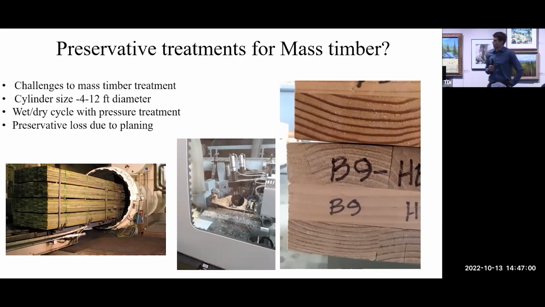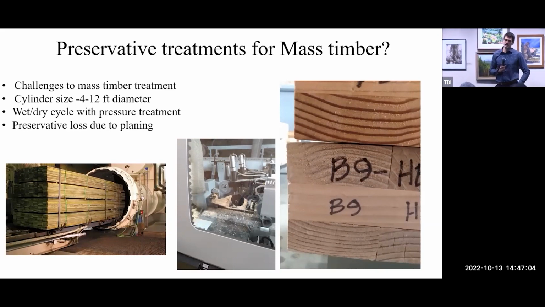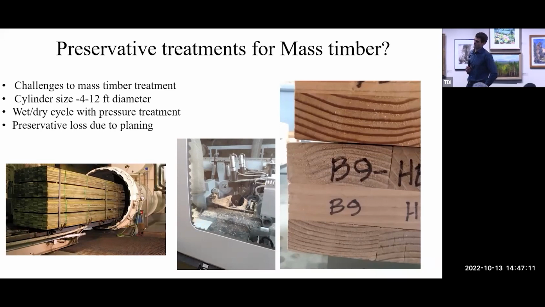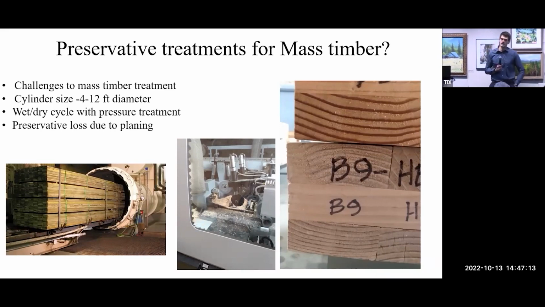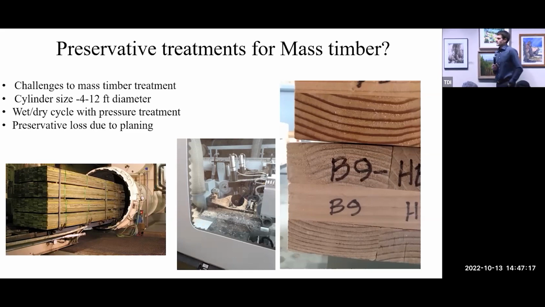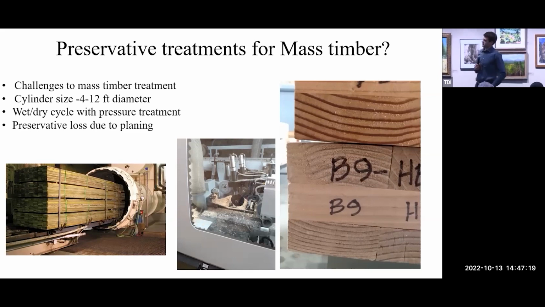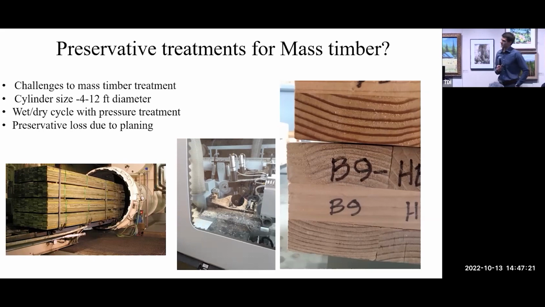All right, so what's our second line of defense? If you think back to that decay equation I showed, we have some other methods we can use to take away elements of that equation. One of those is the food aspect, so we can make wood unpalatable to fungi. Typically, with dimension lumber, that's done through pressure treatments, also surface treatments or dip treatments with biocidal chemicals.